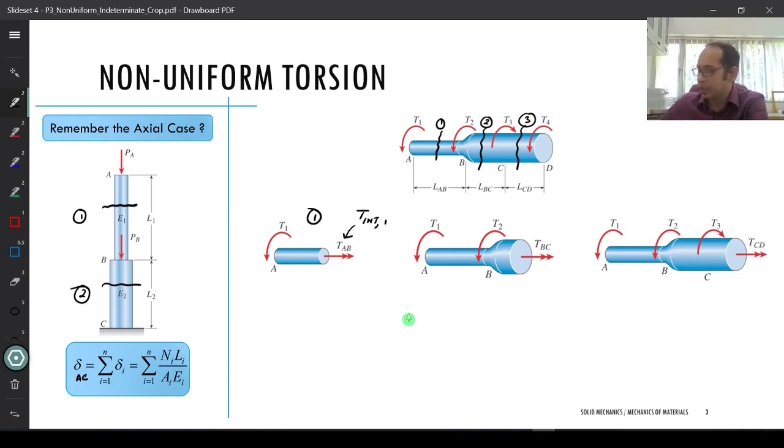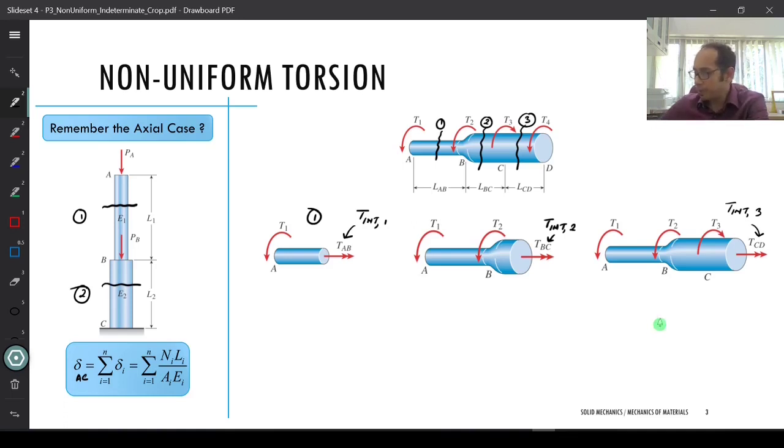If I cut another section 2 over here, the internal torque there is TBC, so T_int 2 is your T over here. And lastly, if you cut over here, remember, to make your life simple, you should take the right-hand part of this shaft to draw the free body diagram. Otherwise, you can do it here as well. So here also I have T_int 3, your TCD.